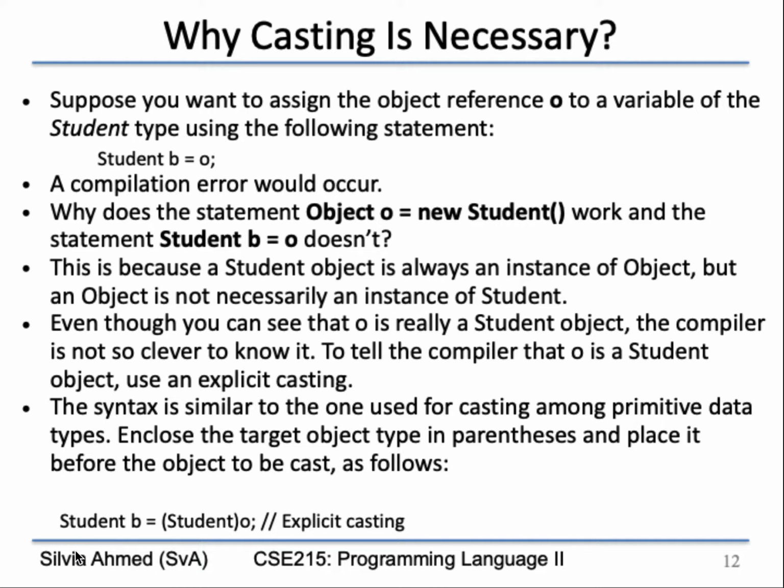Instead of the erroneous line, we can write Student b = (Student) o. This casts O to its actual type, Student. One important thing to note is we can cast only to its actual type. Since Student is O's actual type, we can cast O into Student only.